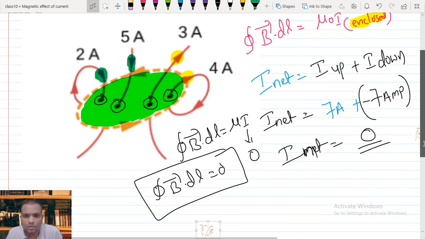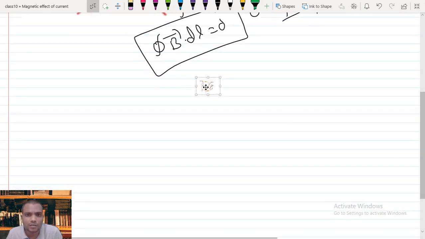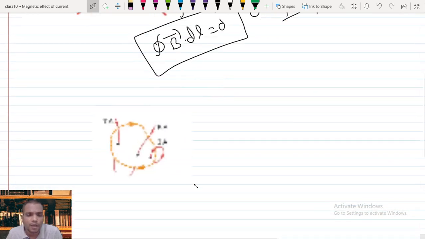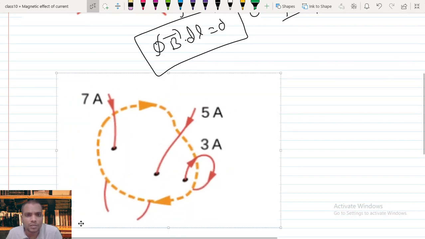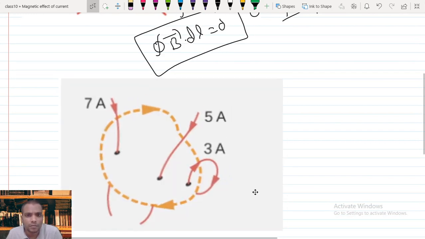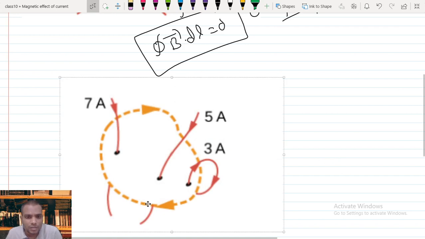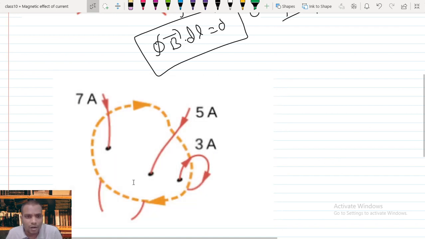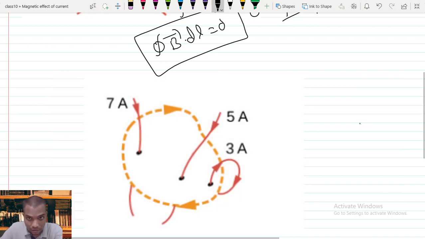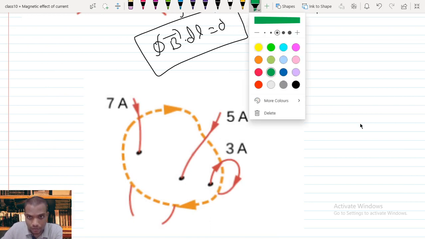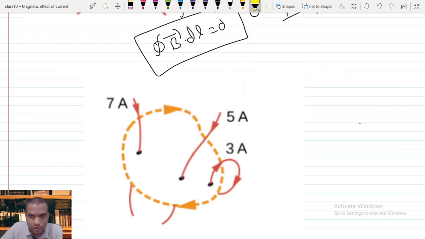Let us try another situation. Apply the same Ampere's law to this given situation. First we need to look at how many currents are enclosed. Sometimes some currents are not enclosed within the loop we consider. For that we need to highlight the boundary.